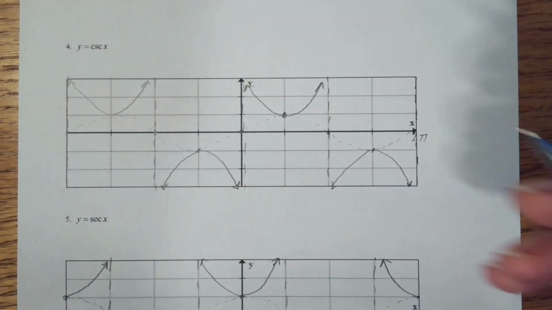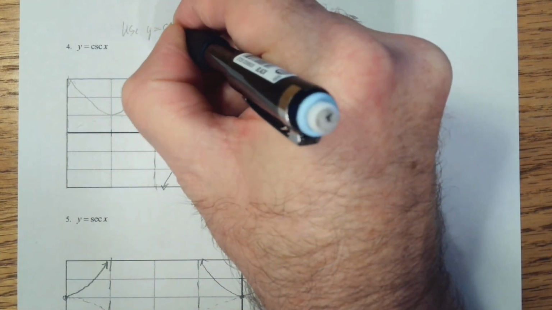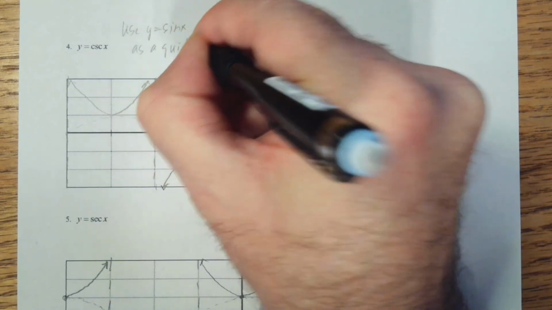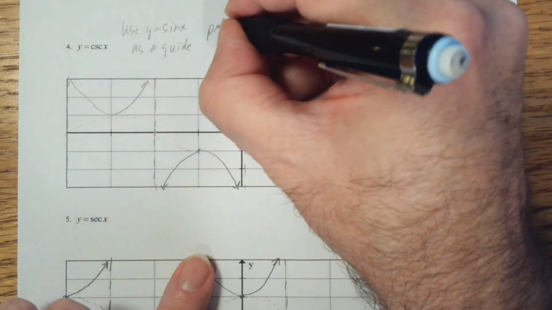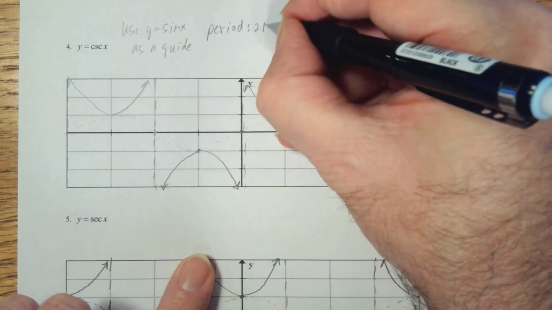All right, let's look at cosecant and secant next. So first of all, we use y equals sine x as a guide to draw this thing. Our period is the same as it is for sine. It's 2 pi.